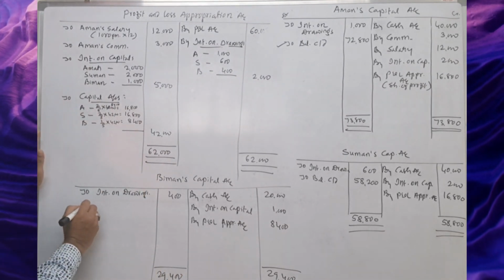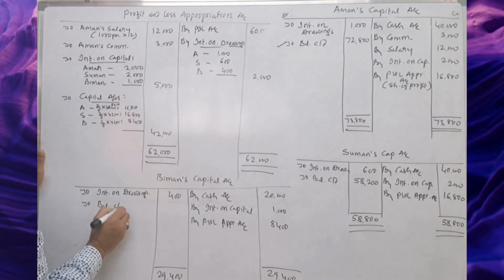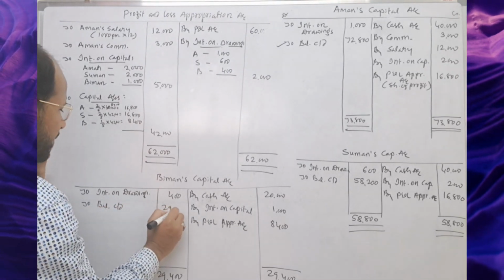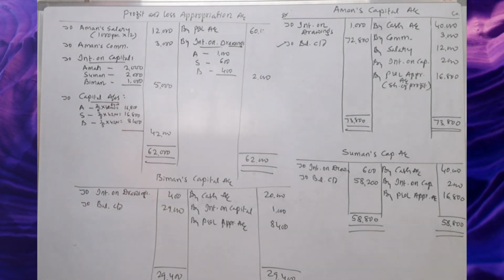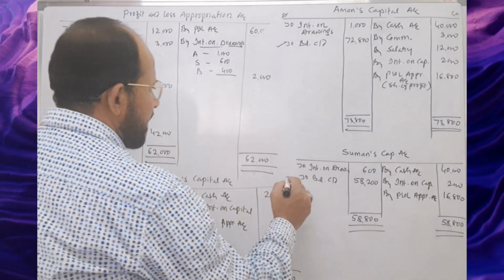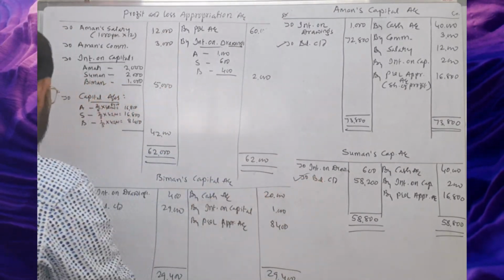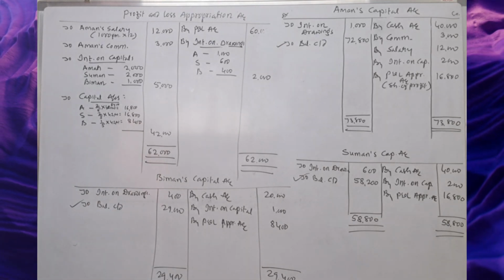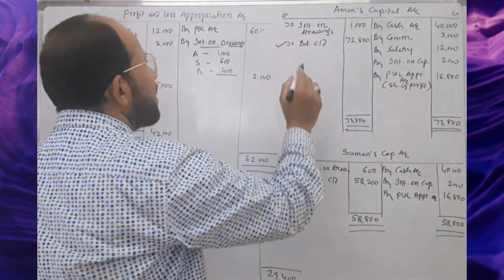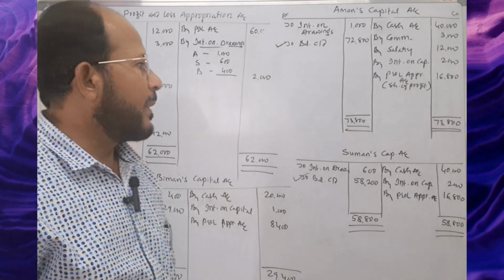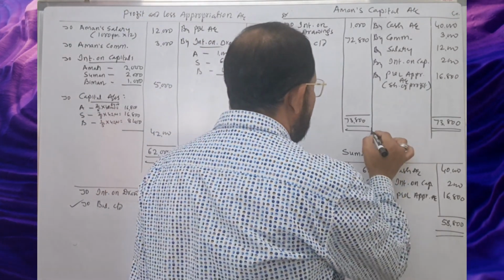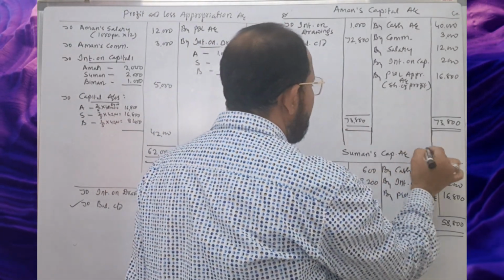Here you write to balance carried down 29,000. See, this is the capital balance of Suman, and this is the capital balance of Biman, and this one is the capital balance of Mr. Aman. See, this is the way how we prepare partners' capital accounts under fluctuating capital method.